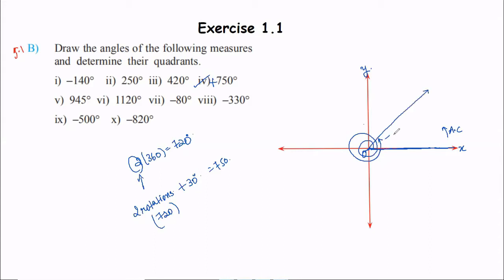This is 750 degrees, okay? And it lies in the first quadrant. So you can note the answer for the fourth question. Similarly, we will do the fifth one, that is 945 degrees.